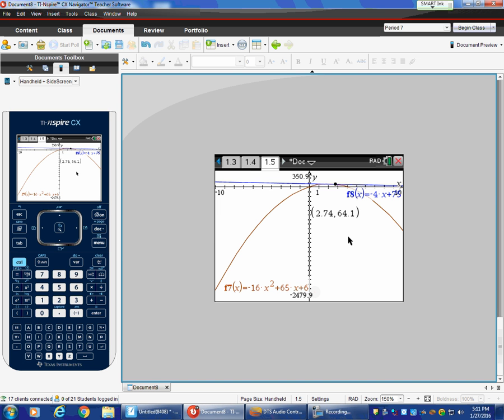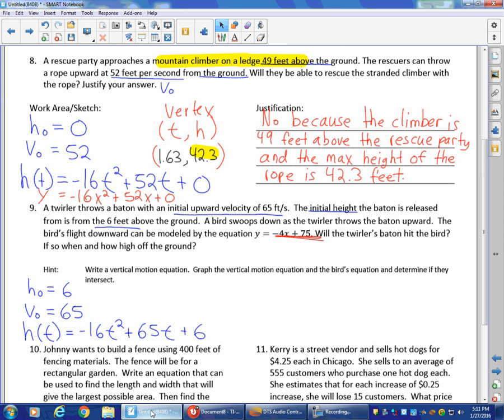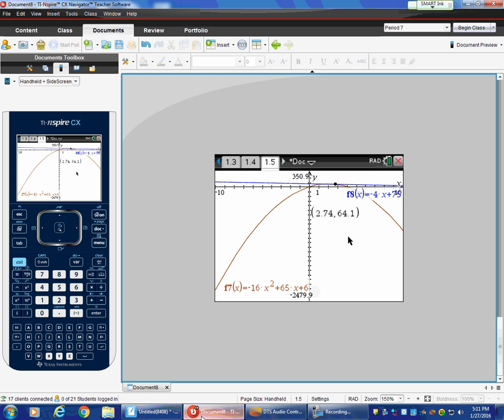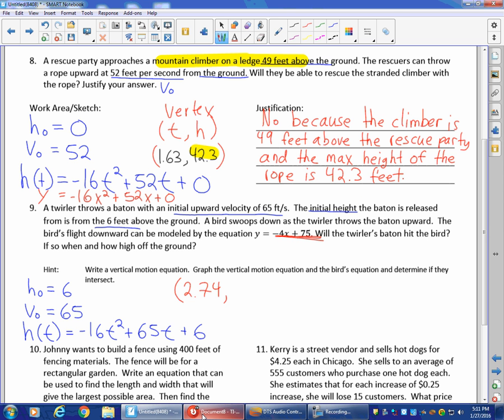At 2.74 seconds, the bird and the baton would be at a height of 64. We can't say 100% this is going to happen, but we can definitely say it's possible that this bird could hit it at that time and both be at the same height. So 2.74, comma, 64.1.